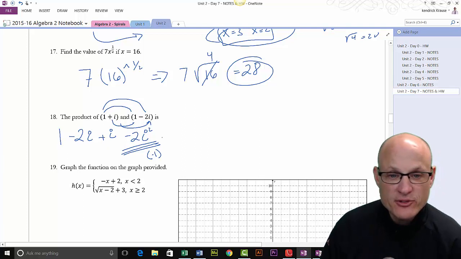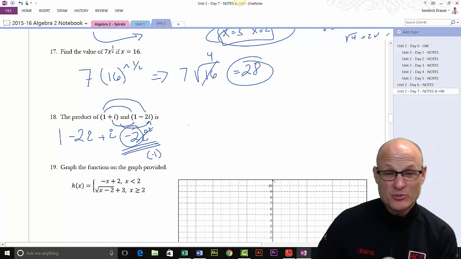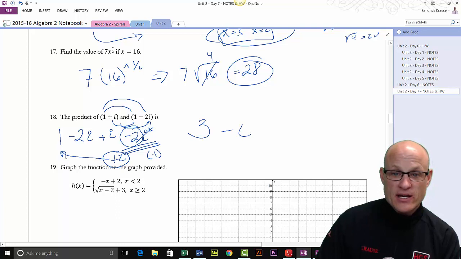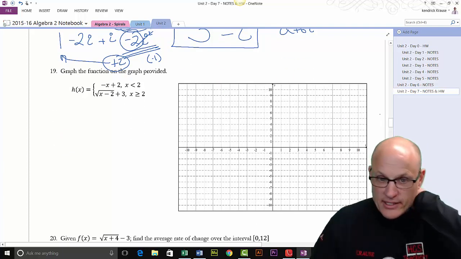So what you have to do is remember to do that. Well, negative 1 times negative 2 is really positive 2. So this whole thing is really a positive 2 here. And I put it together with this. I get 3 minus I. And this is in a plus bi form. Don't forget it.